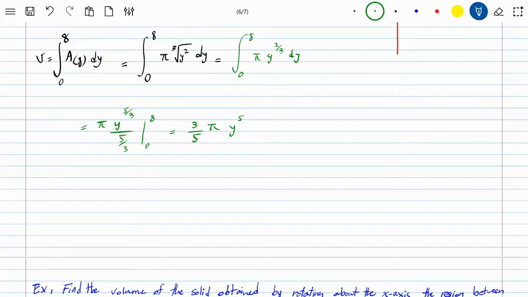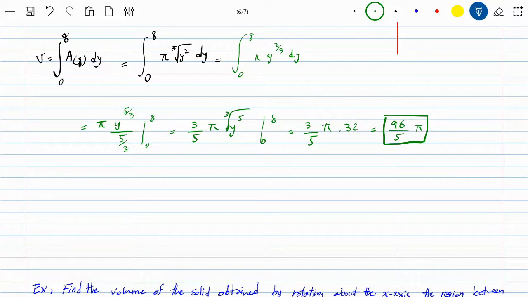Y to the power 5/3 is the cube root of y to the power 5. From 0 to 8. If you replace 0, it will be 0, so you'll just need to replace 8. If you replace 8, you will get the cube root of 2 to the power 5, which is 32. You can use the calculator to check: 96/5 pi.